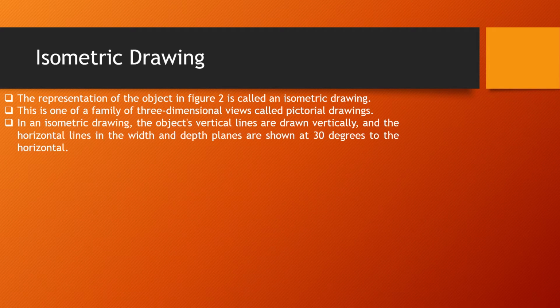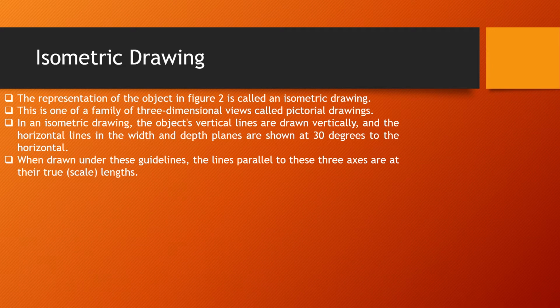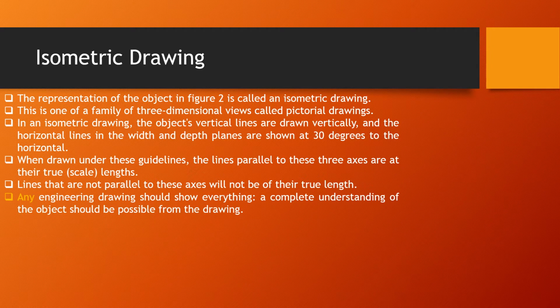In an isometric drawing, the object's vertical lines are drawn vertically and the horizontal lines in the width and the depth planes are shown at 30° to the horizontal. When drawn under these guidelines, the lines parallel to these three axes are at their true scale length. Lines that are not parallel to these axes will not be of their true length.